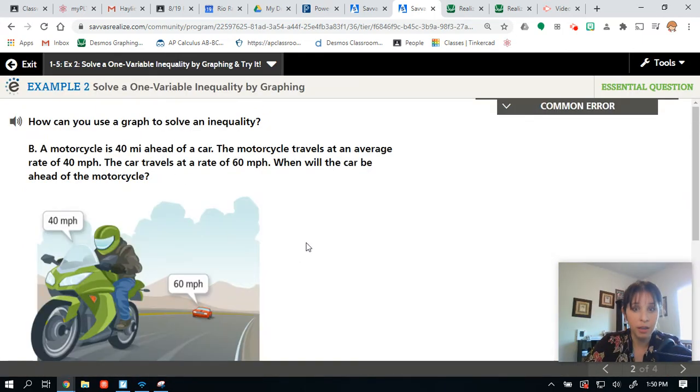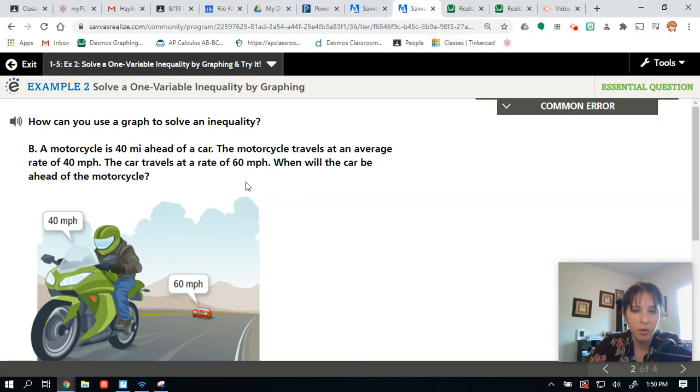All right, so the second part, we have a motorcyclist. And this one says, how can you use the graph to solve an inequality? A motorcyclist is 40 miles ahead of a car. The motorcycle travels at an average rate of change of 40 miles per hour. So remember, average rate of change is the change in your rise over run.